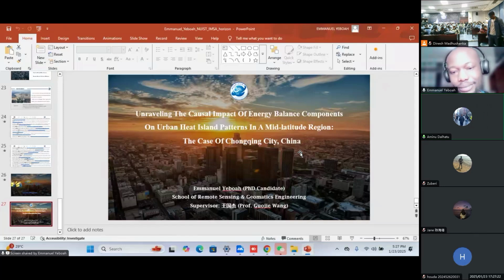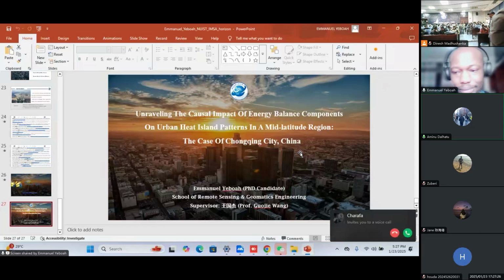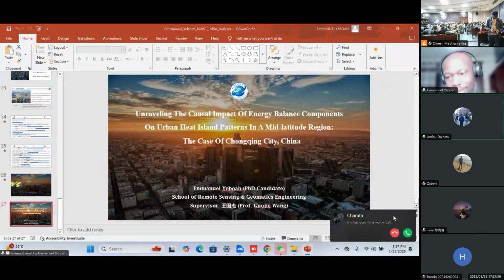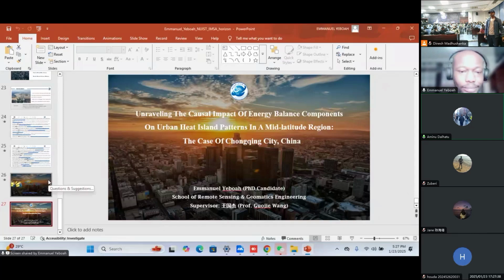Don't you think that aerosols from the surrounding cities can also add to the increase in UHI over the Chongqing region?